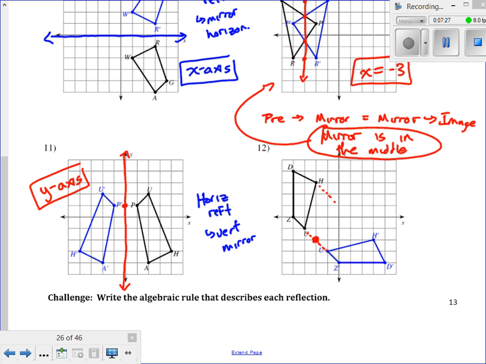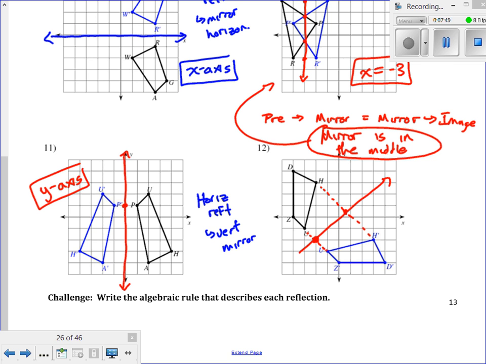So from H down to H prime, it looks like there's 1, 2, 3, 4, 5 boxes. So what's right in the middle of 5 would be 2.5, which means it should be sitting, right? Kind of right there in the middle of that box.